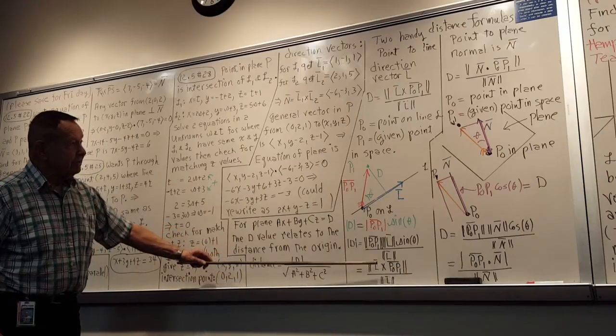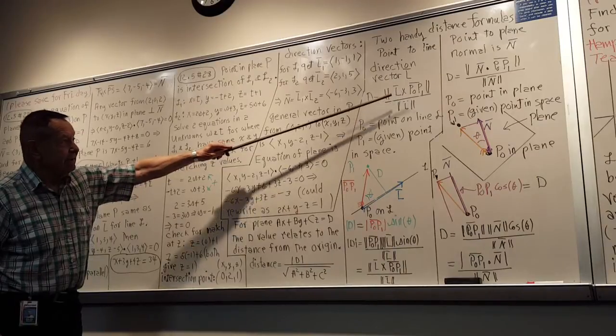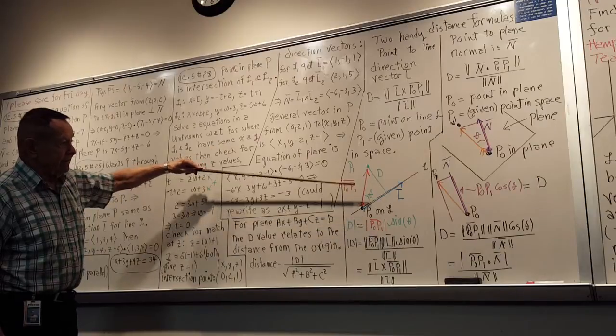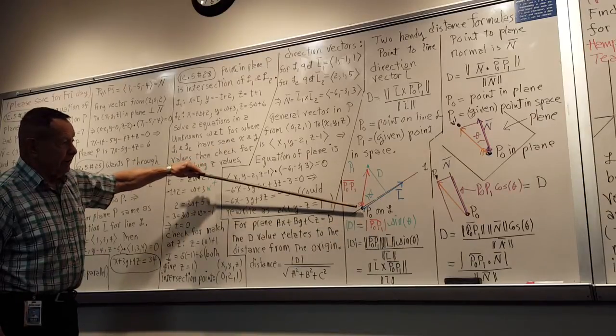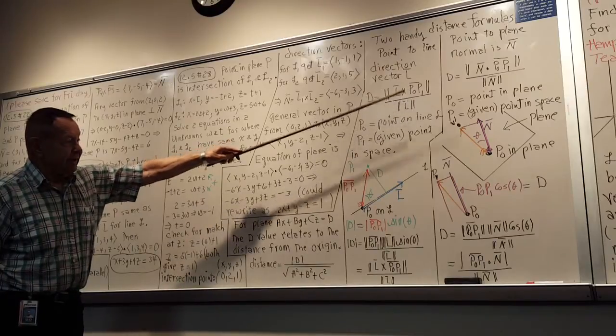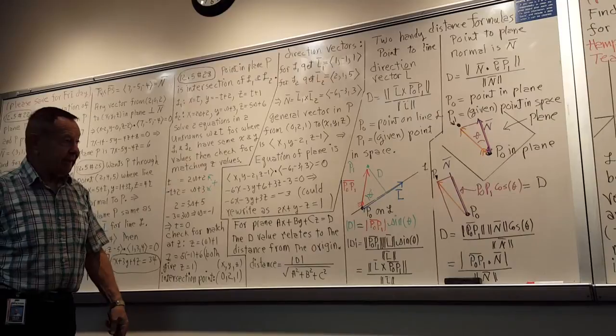So your formula is the magnitude of the cross product, the L vector for your line, and any point on the line to the given point, making this other vector, divided by the length of the L vector.